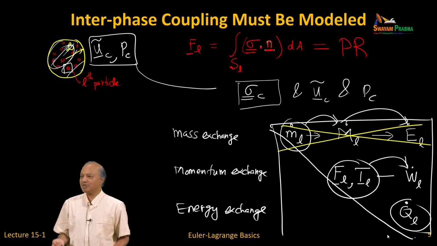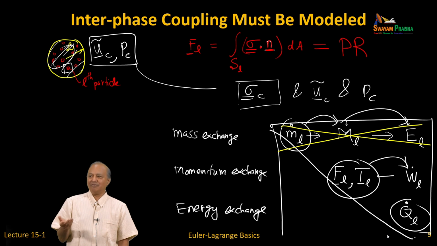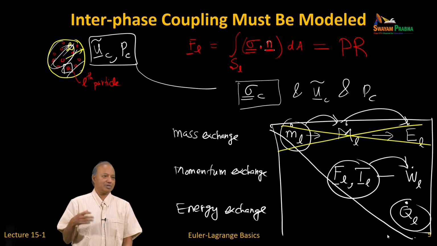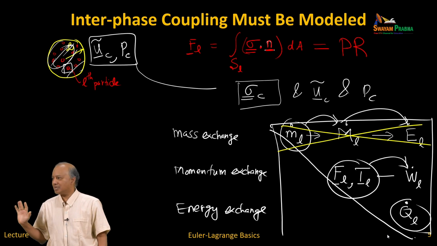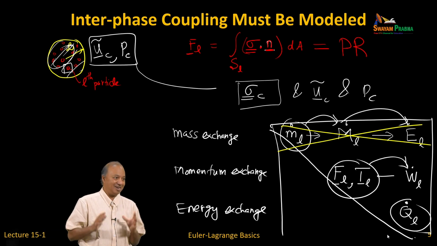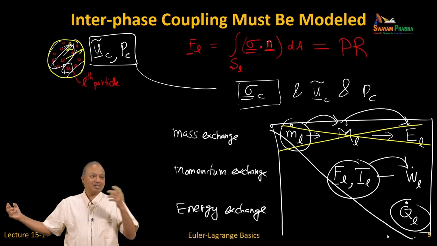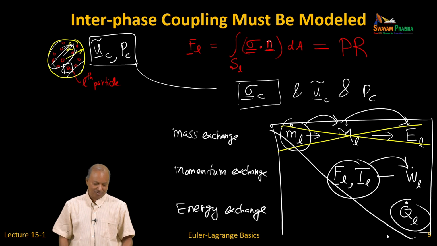Since you are not resolving the flow, if there is evaporation, you must have a model for what is the evaporation rate. If the particle is burning, what is the burn rate, what is the drag, what is the heat transfer. They have that one kind of models. There are many of them, but this is one family of models. They all pertain to that point particle in a droplet or bubble interacting. So, that is one set of models that we need.